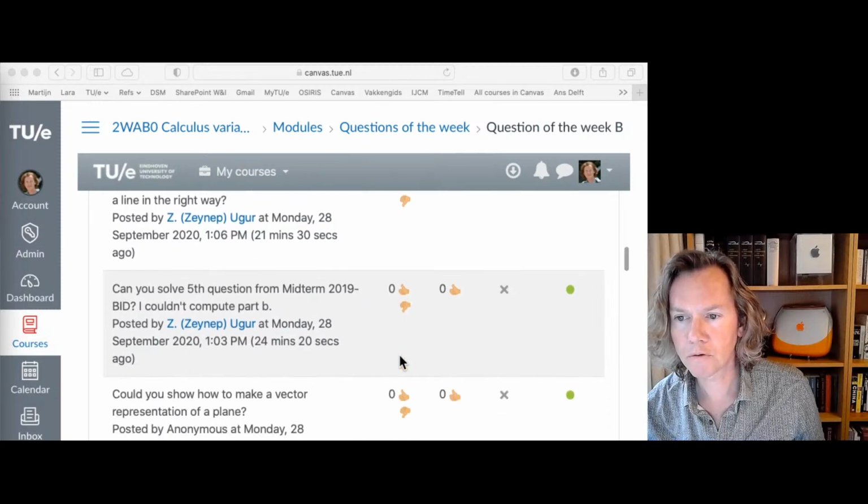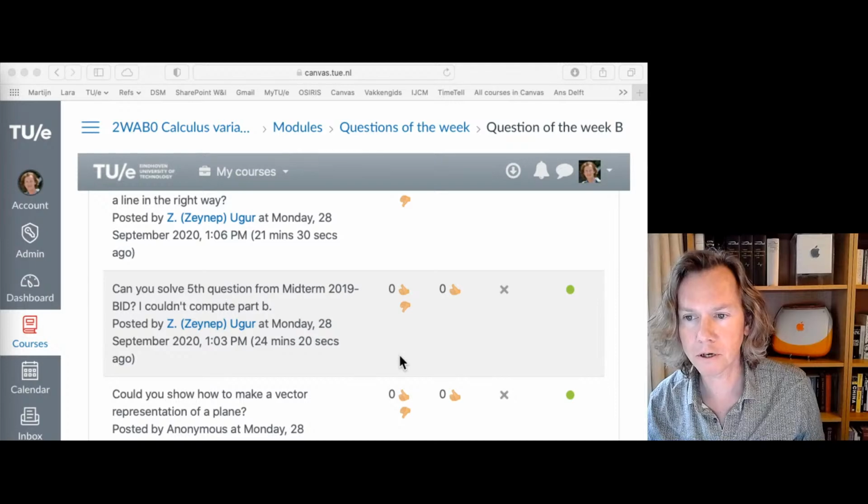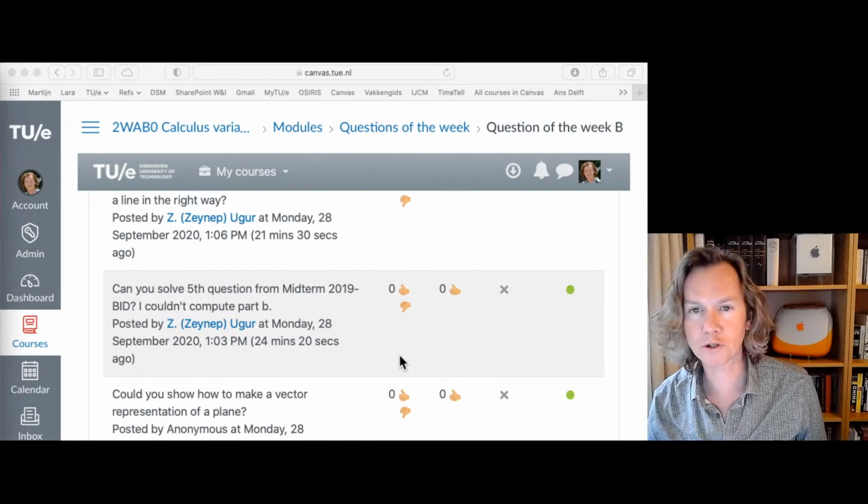Can you solve the fifth exercise from the midterm 2019? I couldn't compute part B. I don't have the question here now, and looking it up is going to cost me too much time. I should think that the answers are provided.